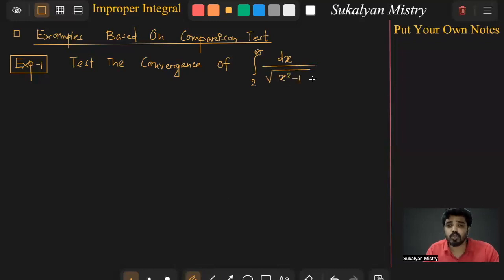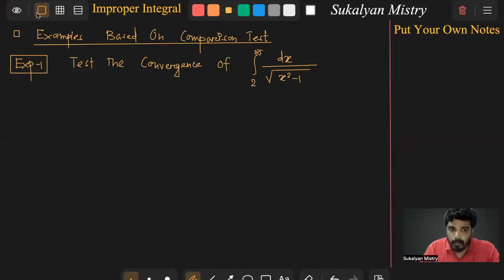So we have to test whether this integral is convergent or divergent. First, we see that this is an improper integral of the first kind, because the upper limit of integration is infinite.